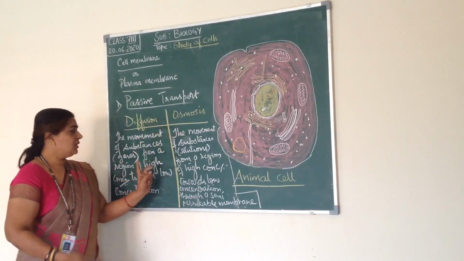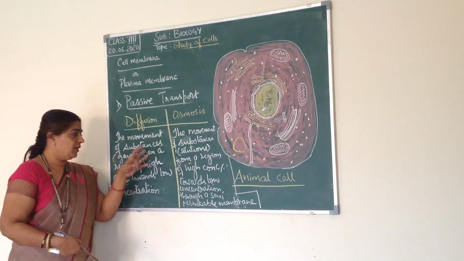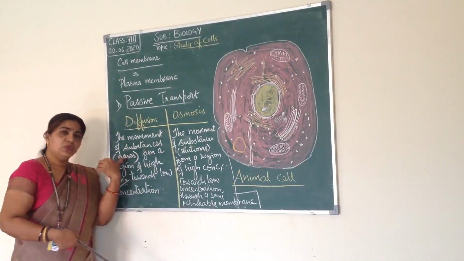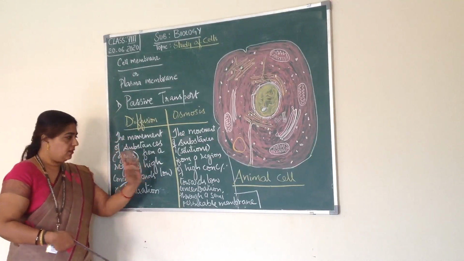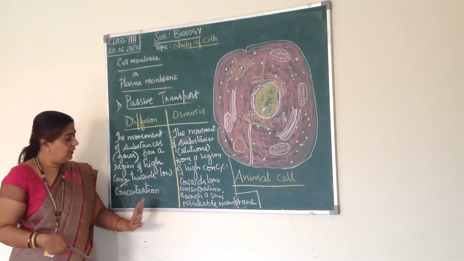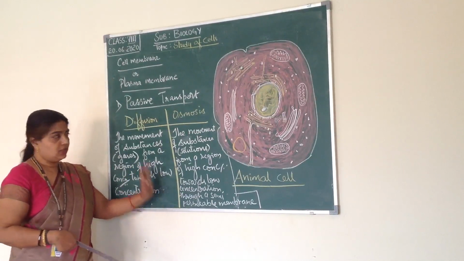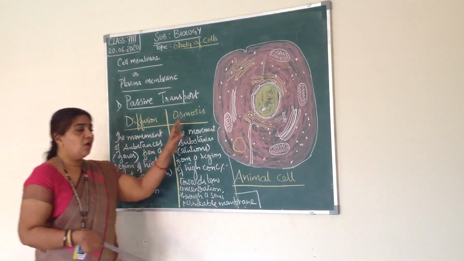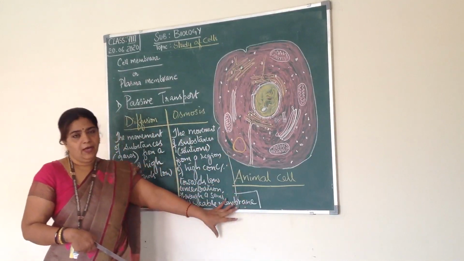So what is diffusion? It is the movement of substances, usually gases, from a region of higher concentration towards lower concentration. That's called diffusion. Now, osmosis also we have observed.